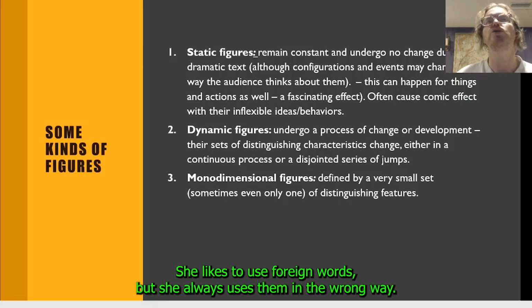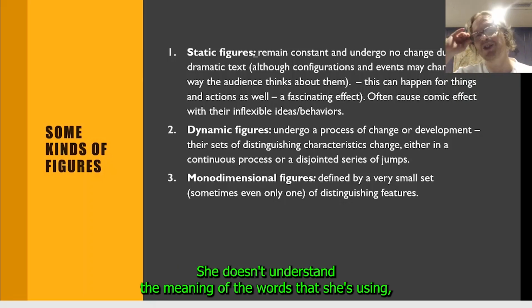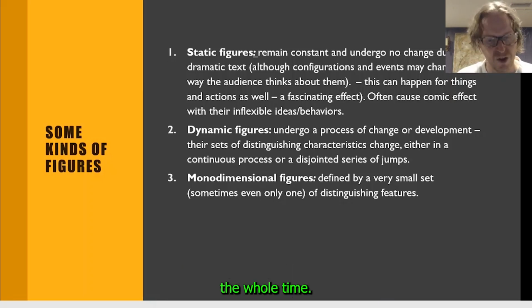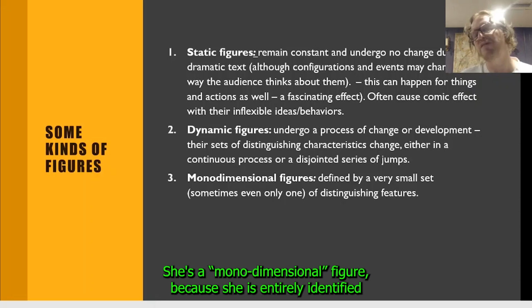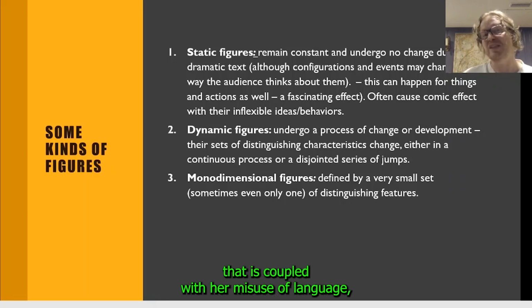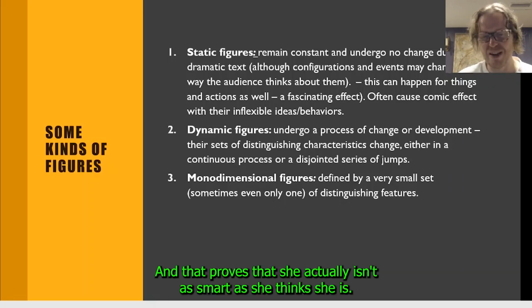She likes to use foreign words, but she always uses them in the wrong way. She doesn't understand the meaning of the words that she's using, and everyone around her sees this, but she thinks she's very sophisticated the whole time. She's a monodimensional figure because she is entirely identified by her belief that she is so smart. That is coupled with her misuse of language, and that proves that she actually isn't as smart as she thinks she is.